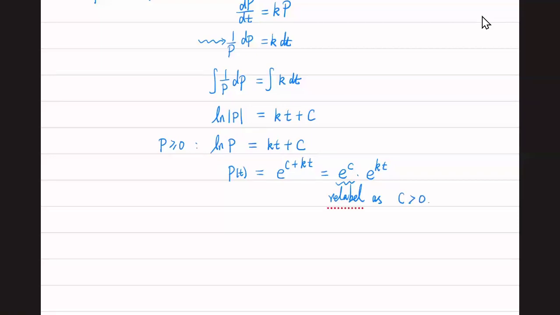So the solution of the differential equation.